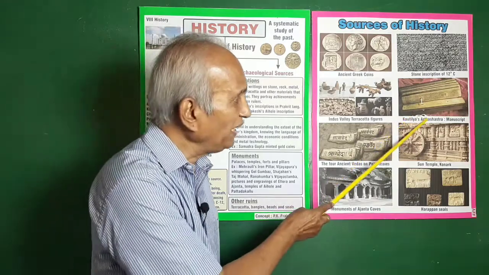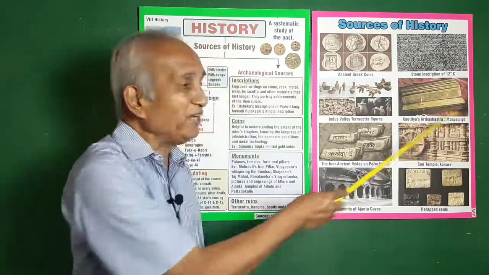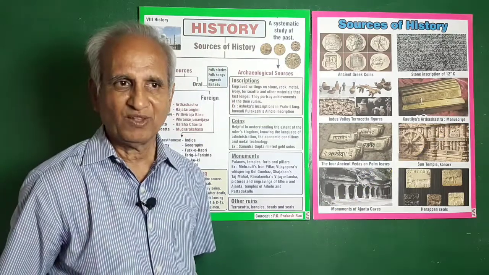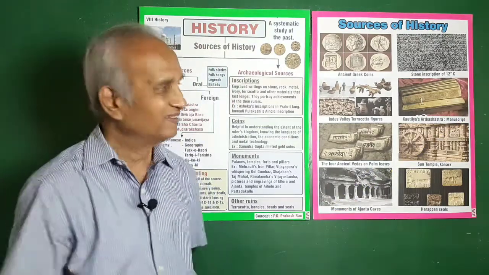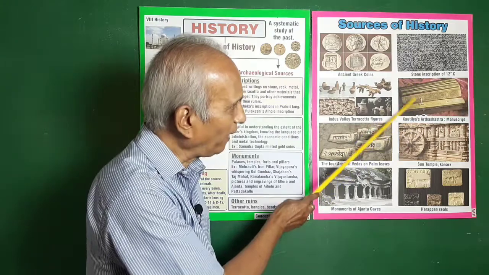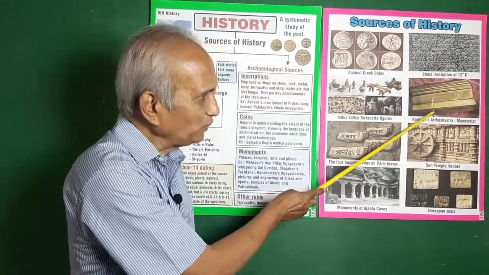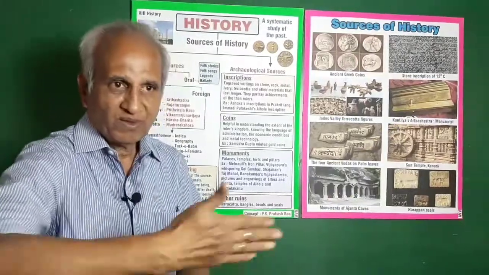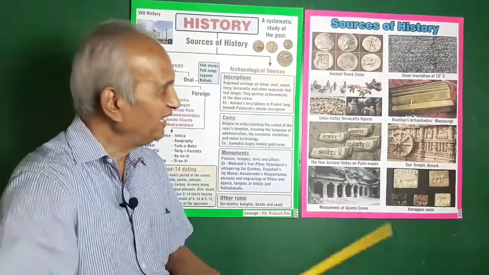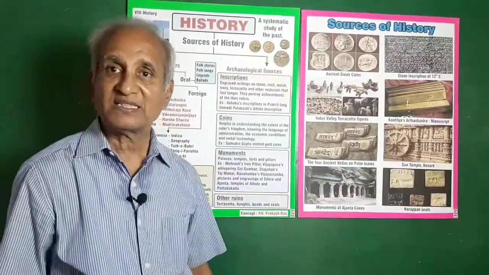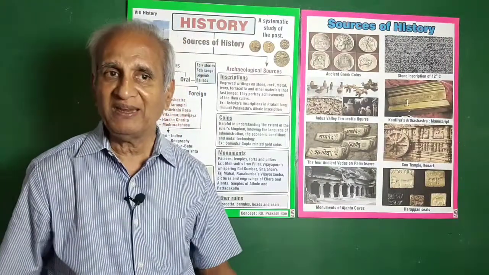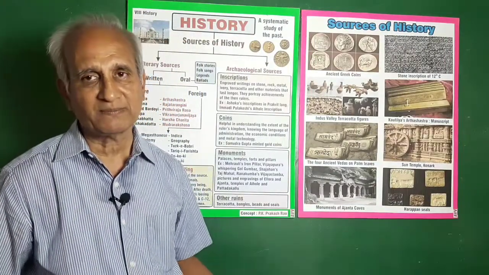Then here Kautilya's Arthashastra, the manuscript is here, got from the Mauryan palaces. See, all the palm leaves, they are strung together. So you go on opening leaf by leaf and reading. Arthashastra, I told you, even today it has not lost its prominence.